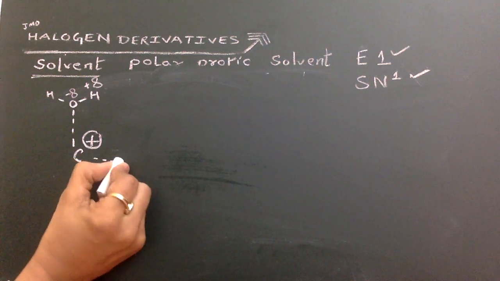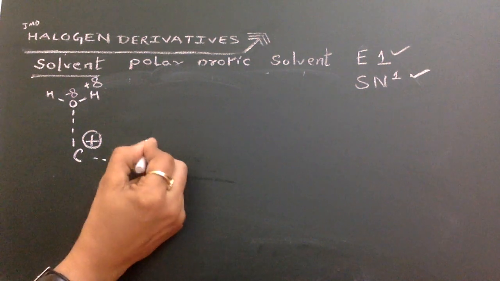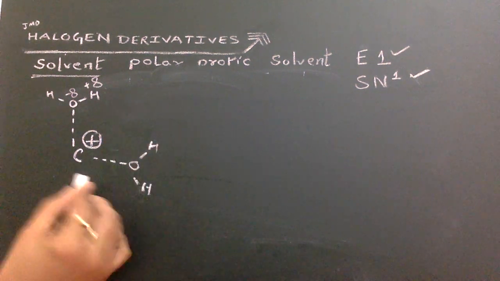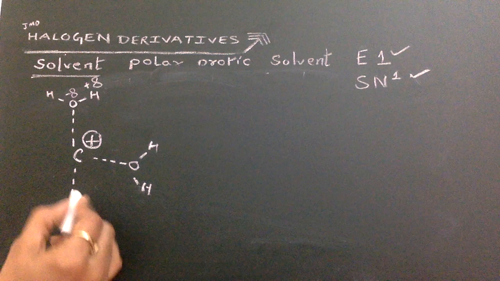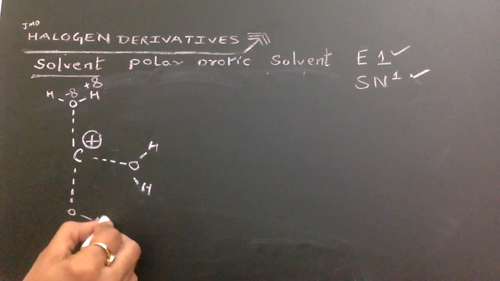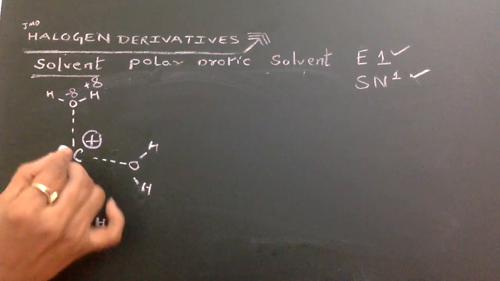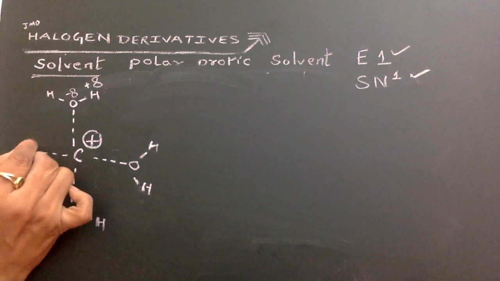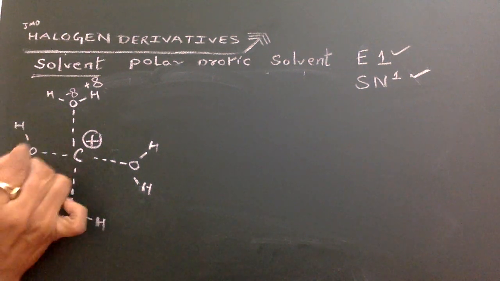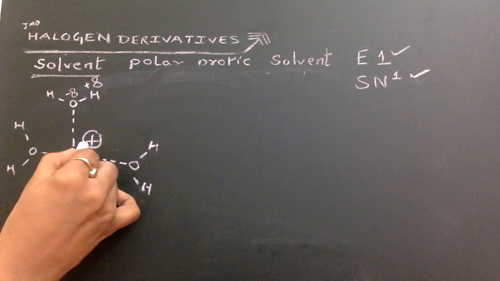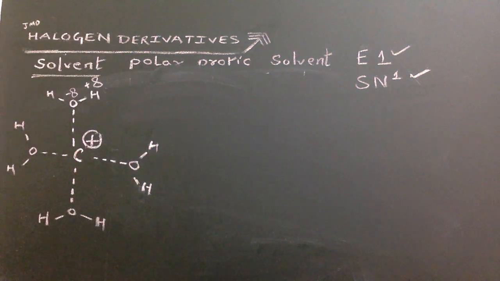Similarly, this will attract water from the other side also, and hence the carbocation is totally caged, totally stabilized, and hence formation of carbocation will be faster in the polar protic solvent.